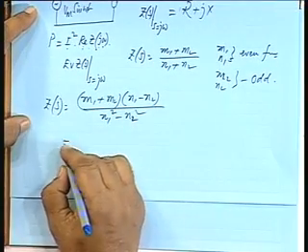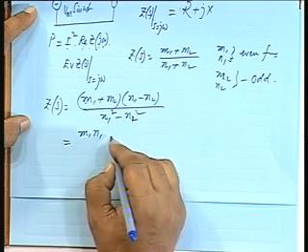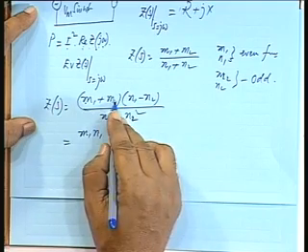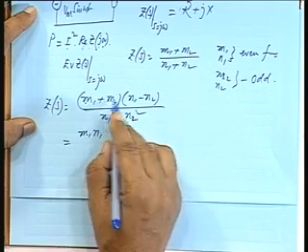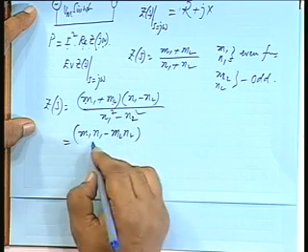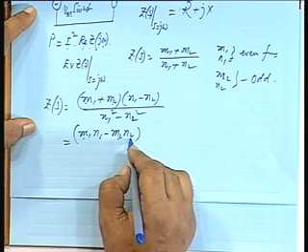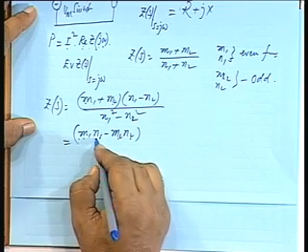So, the numerator is M1 N1 minus M2 N2. This is even into even, minus odd into odd is even into even is even.